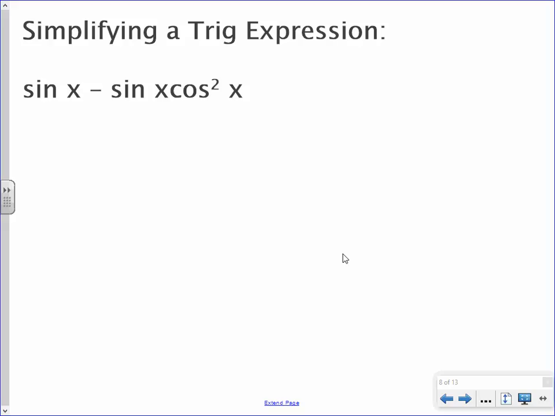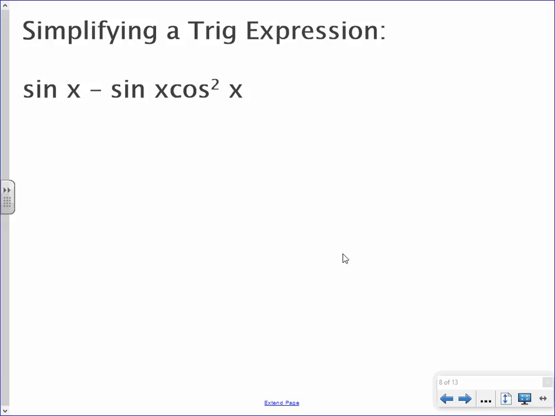Darby, say what you're going to say, though. Divide it by sine of x. Okay, so I like that you picked out that sine of x. We can't just divide by something because it's not an equation, but you're noticing that there's a sine of x in each term, right?